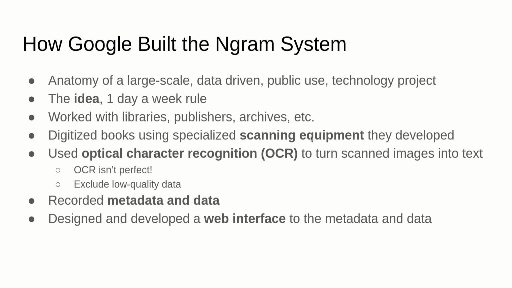Once they had scanned things, they used optical character recognition, also referred to as OCR, to turn those scanned images into actual searchable text. And you have probably seen applications of optical character recognition in other settings.